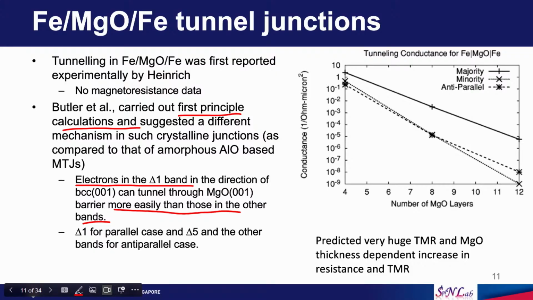So, if you consider the tunneling for the parallel case and anti-parallel case, there will be a huge difference. Okay. So, which can lead to a high tunneling magnetoresistance. Okay. So, this is what he predicted.